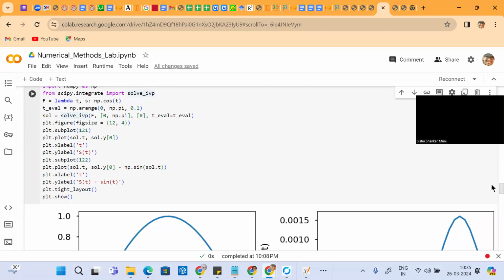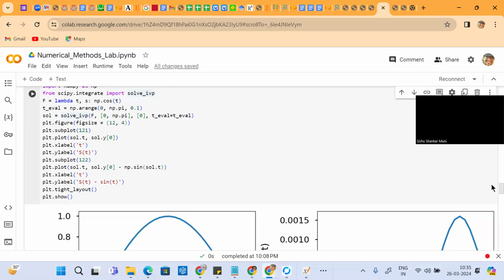So the next line, plt.plot sol.t. The variable sol stores the solution of the ODE from solve_ivp. Sol equals solve_ivp of that function with the arguments, so sol will contain all of our output. If you want to access sol.t, it will be the time, 0 to pi. Sol.y[0] is the output solution, like sin x, which you will see.